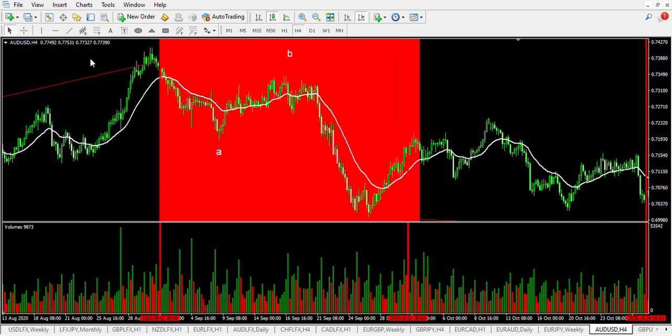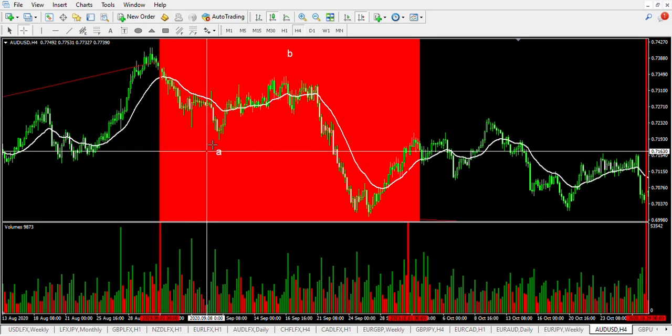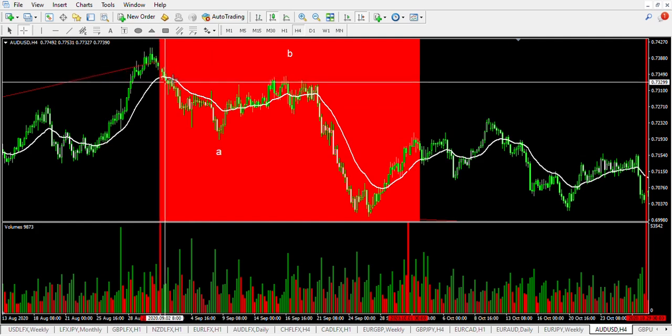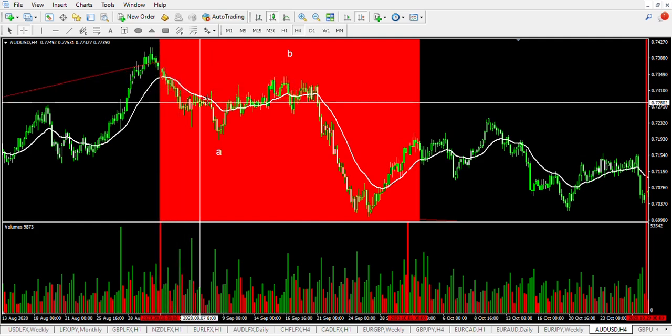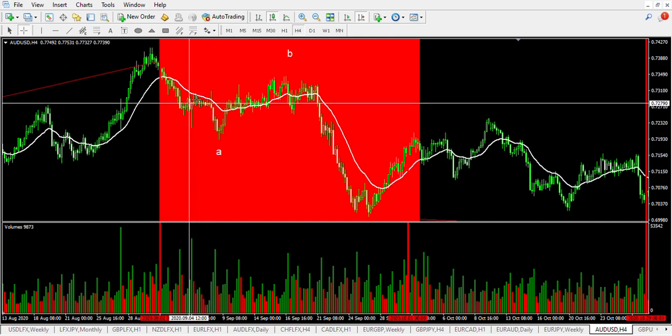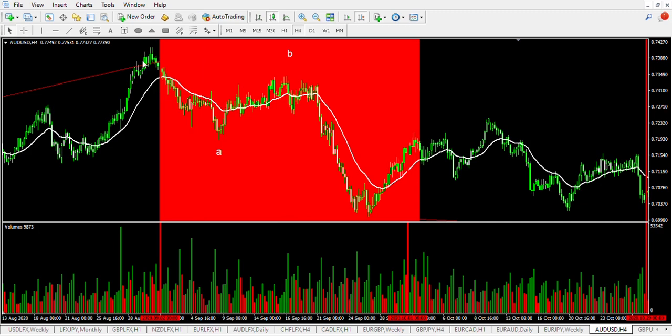Can you see? This is it. Right from this zone, price drops from here, drops. Can you see?